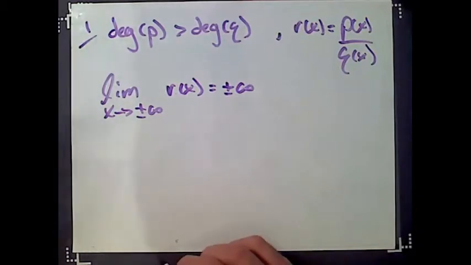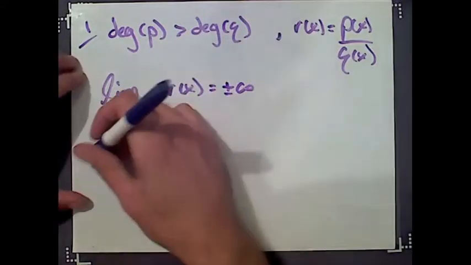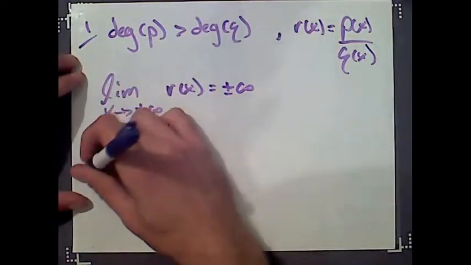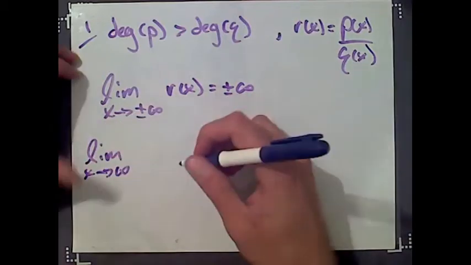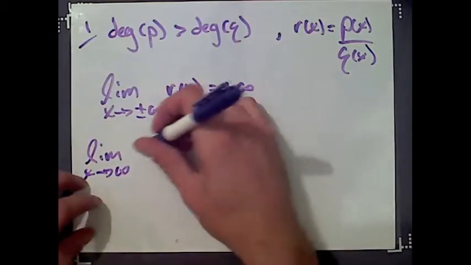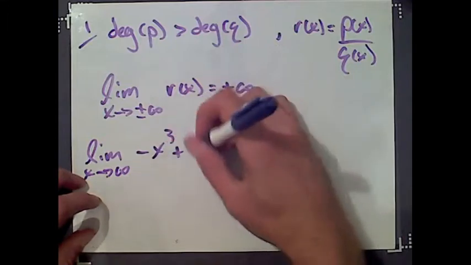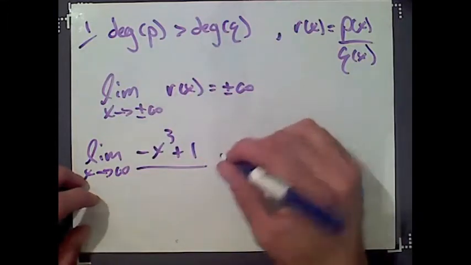Let's take a look at an example and how we can determine whether this limit is plus or minus infinity. The limit as x goes to infinity of negative x cubed plus 1 divided by 2x minus 2.